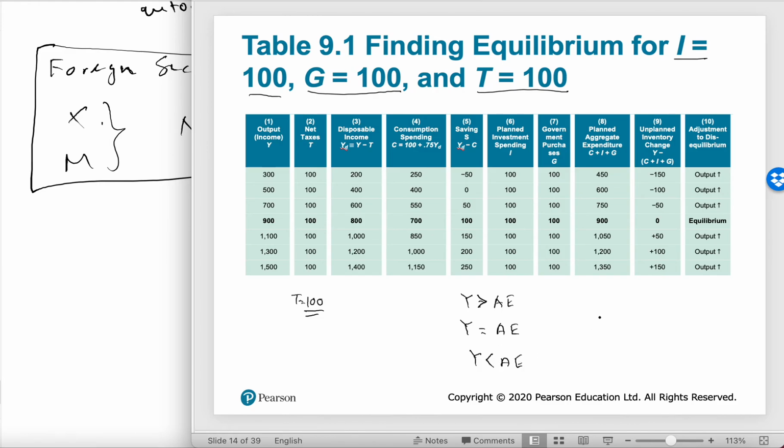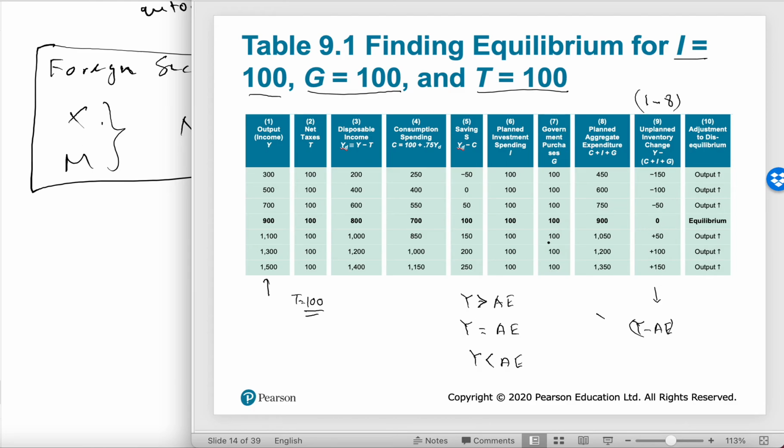To show this, we are showing in this column Y minus aggregate expenditure. So this is the Y. So this is column 1 minus column 8.